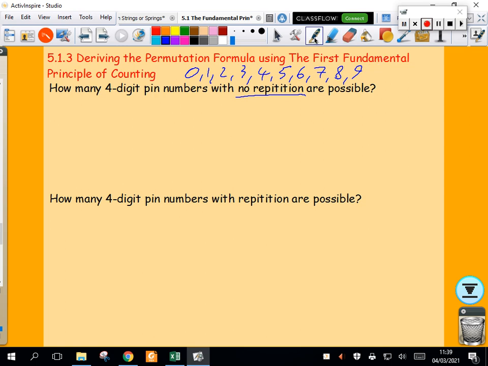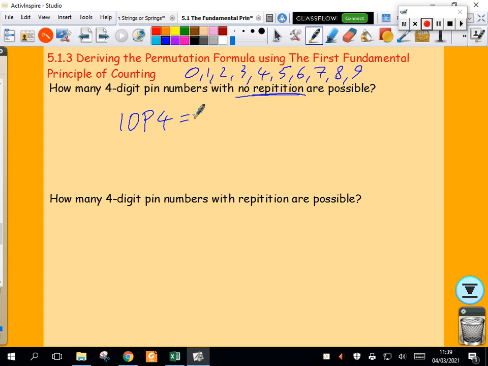They're my 10 digits. So I'm looking for 4-digit pins where no repetition is possible. I have 10 digits and I want to take different arrangements using 4 at a time. So it's 10 permute 4. It's important that there's no repetition here. So 3, 1, 2, 4 could be a pin number in this case, but 3, 1, 1, 1 could not.